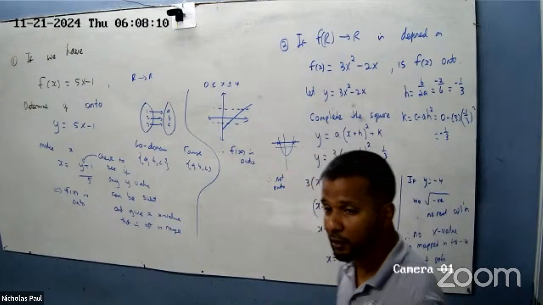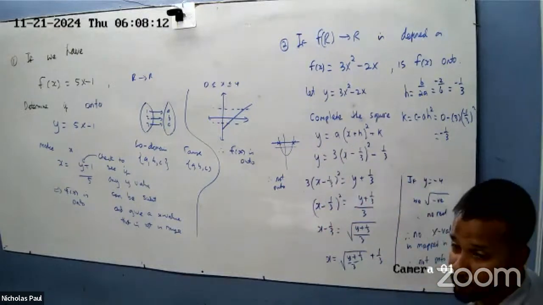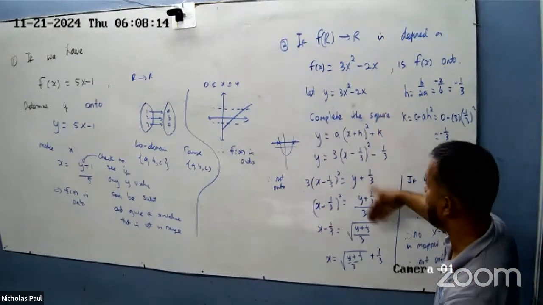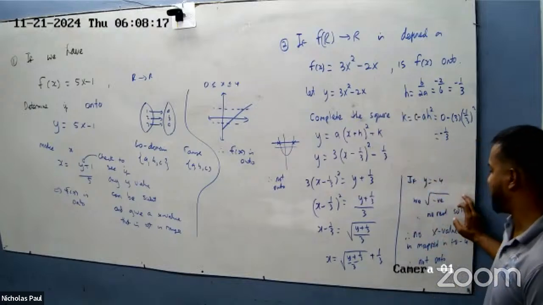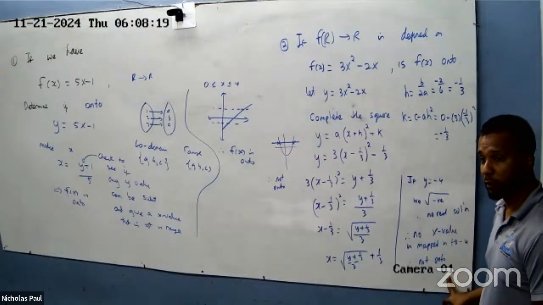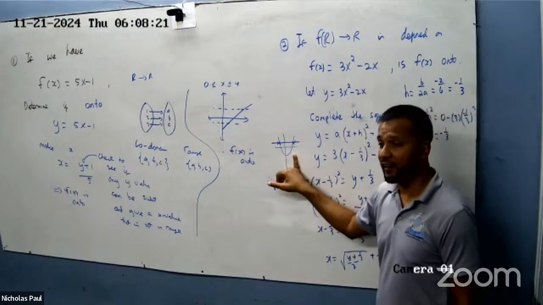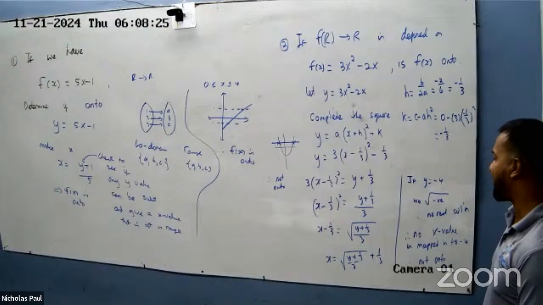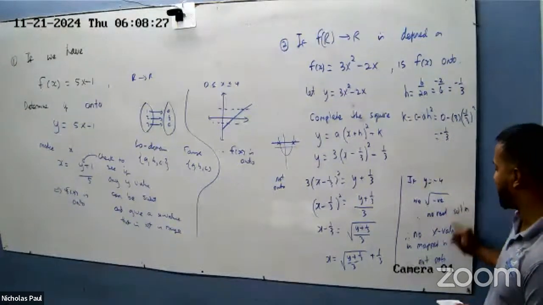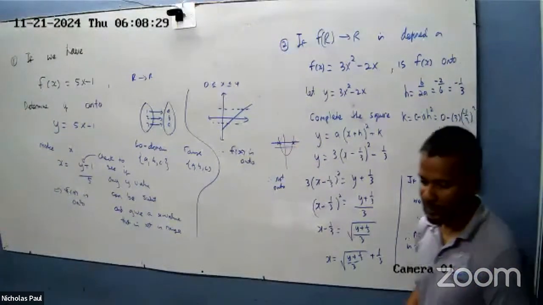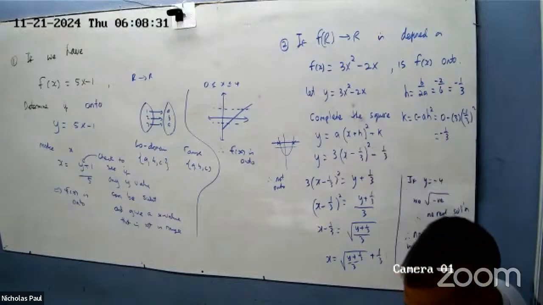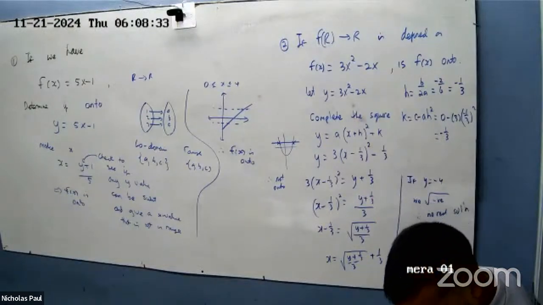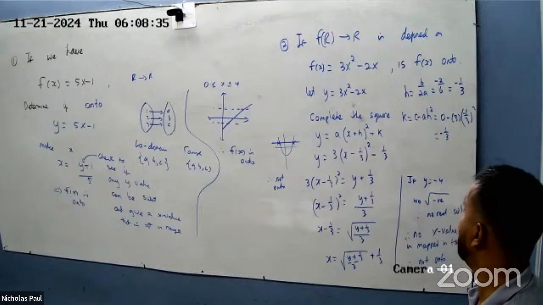Okay? Any method will work, but I just wanted to show you one that's a quadratic and what you have to do. So if you can sketch it, go right ahead and do the horizontal line test. Otherwise, make x the subject and check for a value for y that does not have a pattern. Okay, copy it out.